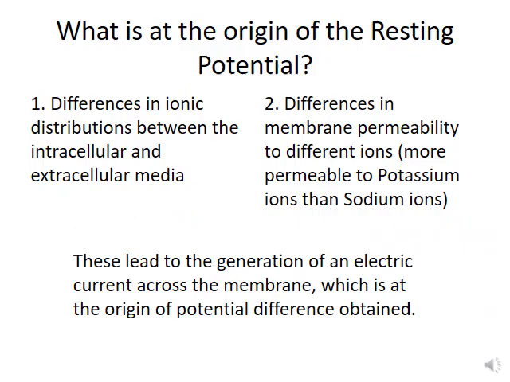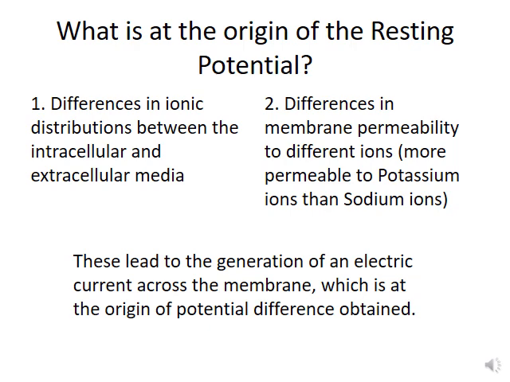So what is the origin of the resting potential? Why do we have a resting potential equal to minus 70 millivolts? First of all, differences in the ionic distribution between the intracellular and the extracellular. As we saw in the previous slide, we have differences in the concentrations of Na+, K+, and Cl- between the intracellular and the extracellular.